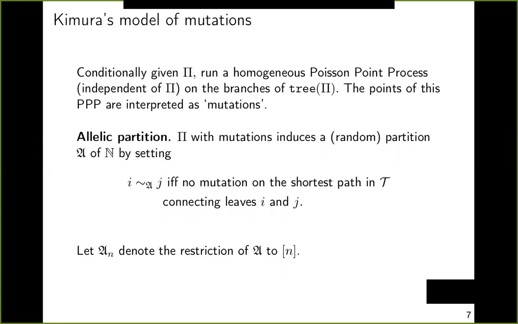And these mutations induce another interesting partition of the natural numbers, defined as follows. So i and j are placed into the same block of this partition if and only if there is no mutation on the shortest path in the coalescent tree that connects i and j. And this partition is called the allelic partition. We can restrict it to the first n natural numbers, which we denote by an.